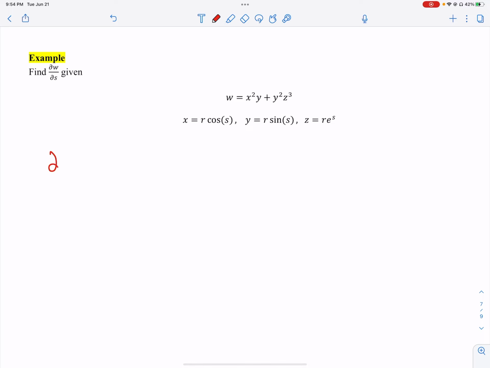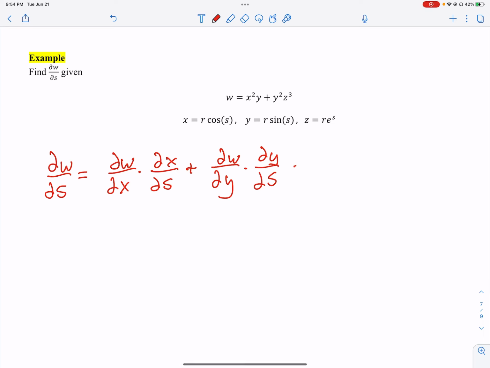So the partial of w with respect to s is the partial of w with respect to x times the partial of x with respect to s, plus dw with respect to y times the partial of y with respect to s, plus the partial of w with respect to z times the partial of z with respect to s.